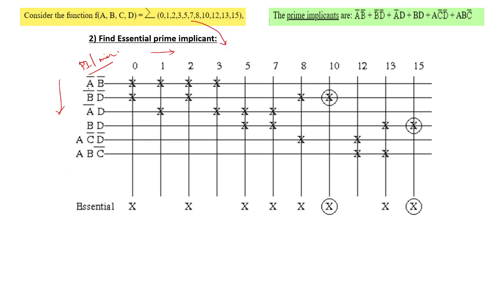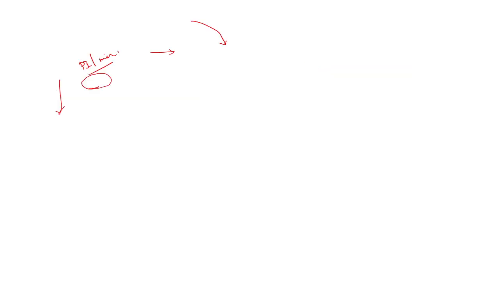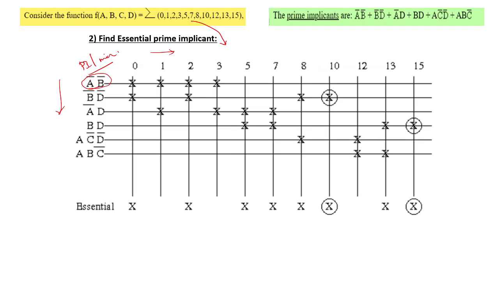So here it is A bar B bar. Where we are getting A bar B bar, what are all the minterms present? 0 1 2 3. 0 1 2 3 is present in A bar B bar. So we can put a cross mark for minterms 0 1 2 and 3.